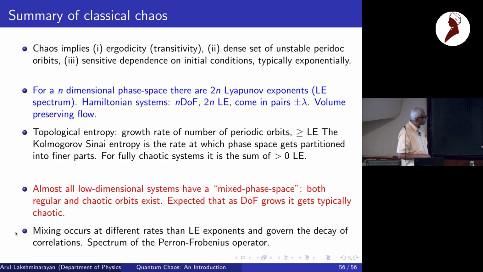It's expected that as the number of degrees of freedom grows, it typically gets chaotic and the number of regular orbits goes to 0, but this is not rigorously shown. There are a lot of results, but that's kind of expected at this point. Mixing occurs at different rates. Now, this mixing is different from this mixed phase space. This is the mixing that I just talked about for correlation functions.